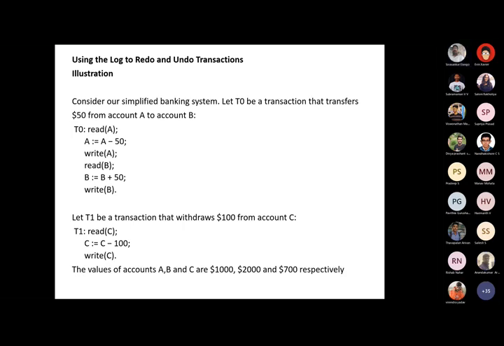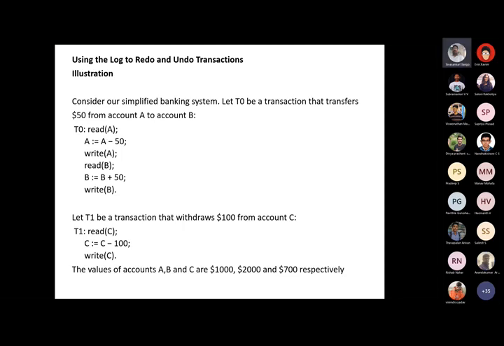Now we are going to use the log file, and we'll be using the functions redo and undo to perform log-based recovery. So let us convert these transactions into a set of log-based records. The first step is that given two transactions T0 and T1, we are going to convert them.